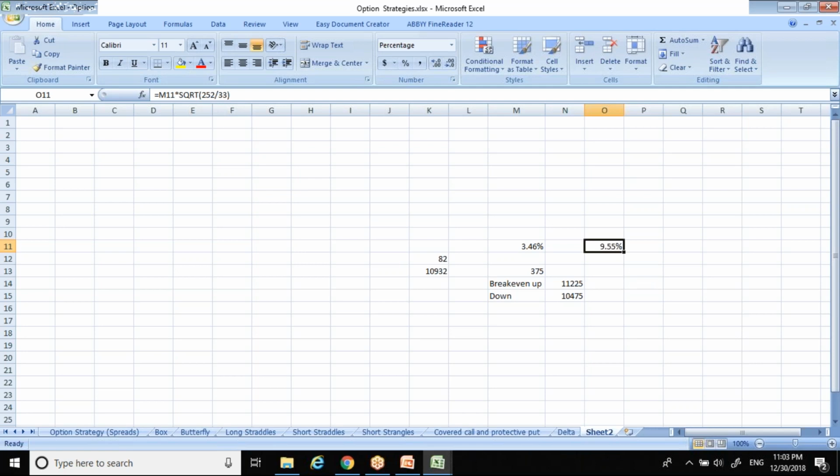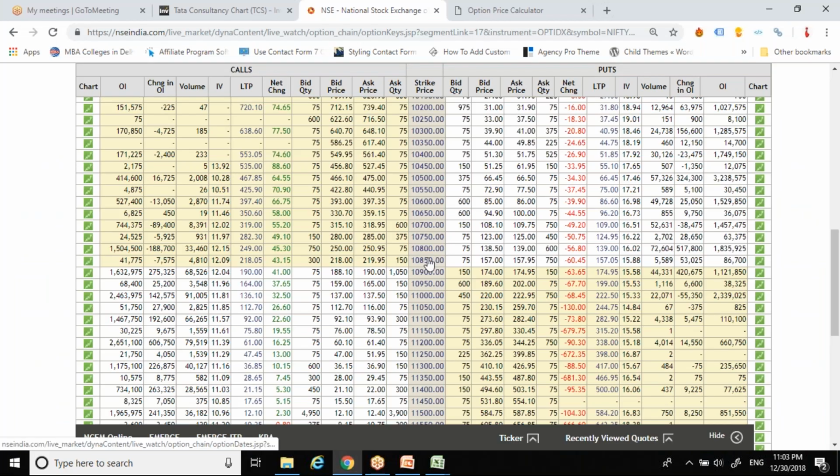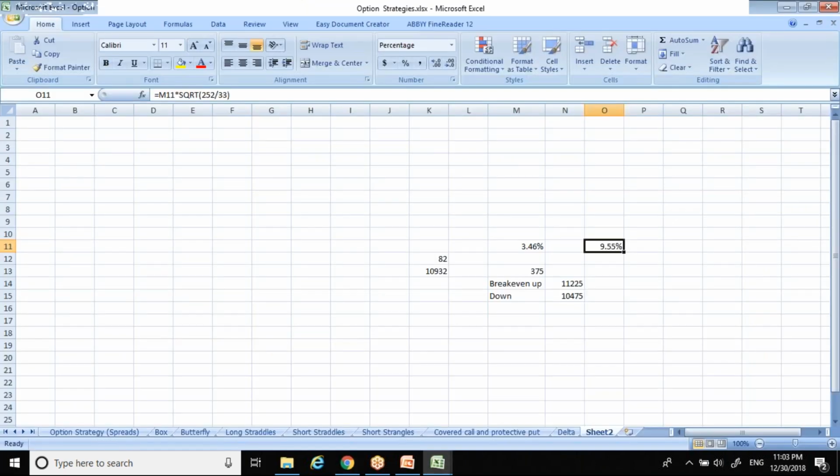And if the volatility is less than this, you won't be able to get the break even, and if it is more, you will have profit. So right now, how much is the volatility? Now the volatility I see is 12.09, and here it is 15.88. So the average volatility comes to 13 something, which is higher than 9.55.